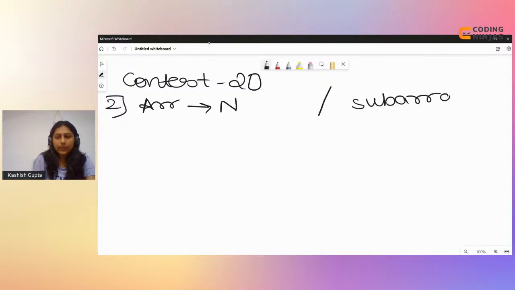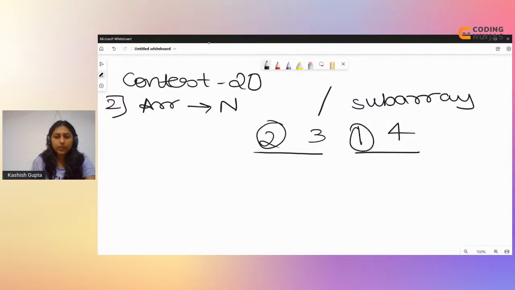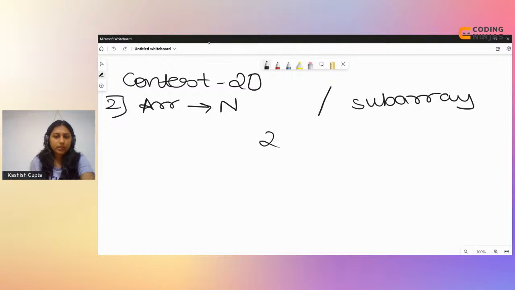So sub arrays basically mean if you have 2 3 1 4, it's not a subset, it's a sub array. So it has to be continuous. It's not like we club 2 and 1 together, and 3 and 4 together. And the question mentions we have to take each element. It's not like for 2 3 1 4 we calculate the answer based only on some of them because that gives the maximum.